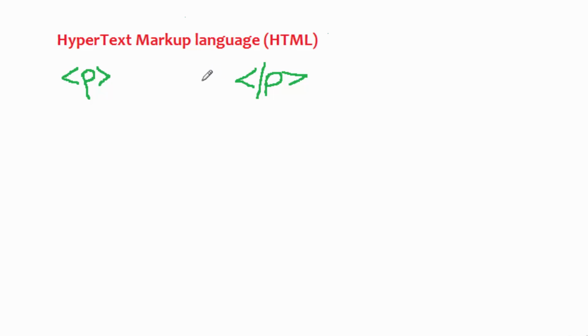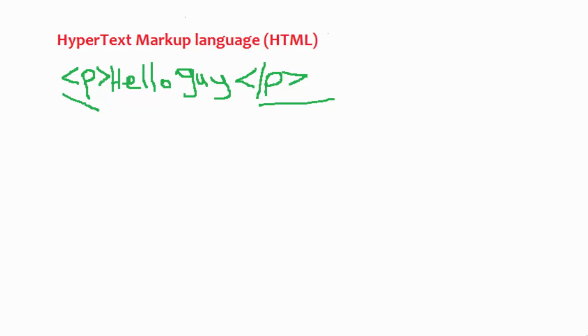I mean the text of this paragraph. So if I want this paragraph to write for me hello, I will put those words here between the two tags. Hello guy. So I'm going to write what I want in the paragraph between the closing tag and the opening tag.